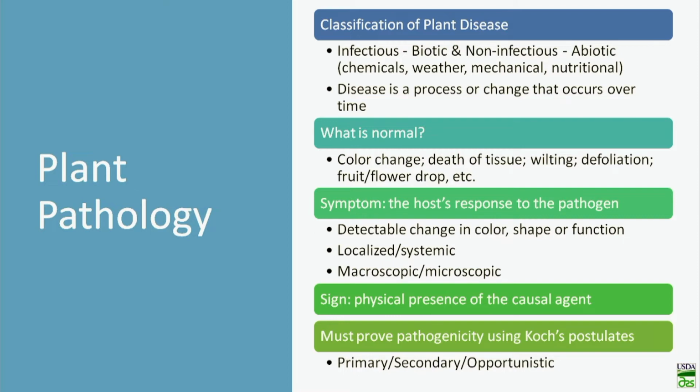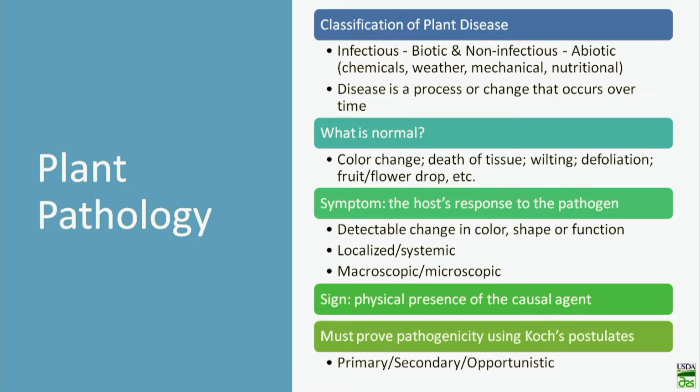So it is not one day, nothing, and immediately, like a lightning strike, you see something. That's not considered a disease. But in order to understand what a plant disease is, you have to understand what is normal. The color change you're seeing, or the death of tissue, or wilting, some kind of defoliation, is that normal, or are those the symptoms of a plant disease?